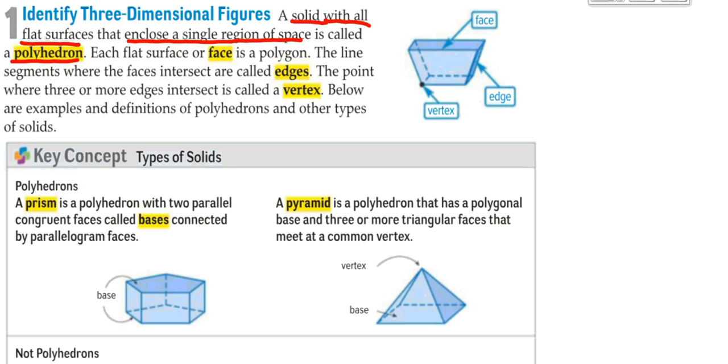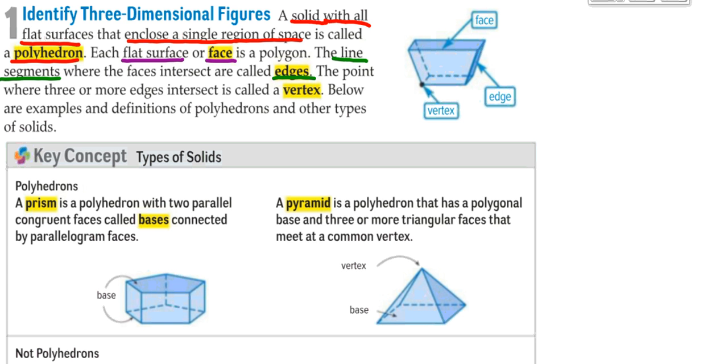Each flat surface is called a face. And the line segments where faces intersect are called edges. So edges are line segments. You'll be asked to name a lot of line segments today.